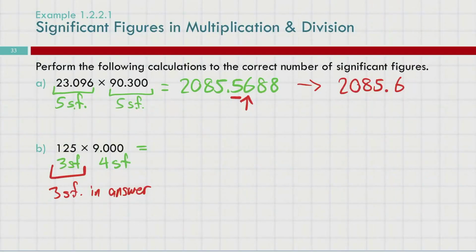So 125 times 9. Calculator says 1,125. The 2 is our 3rd significant figure. We look at the 5. 5 is 5 or greater, so we're going to round up. And 1130.